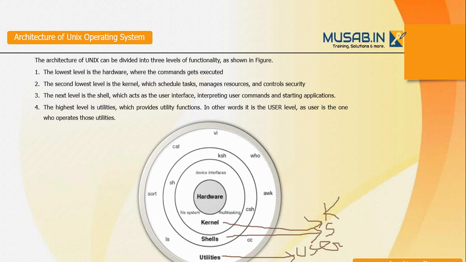What kernel will do is take the commands from shell in user language, and that command will be converted into binaries and given to hardware, where your command would actually get executed. So the role of kernel is to communicate with your hardware.